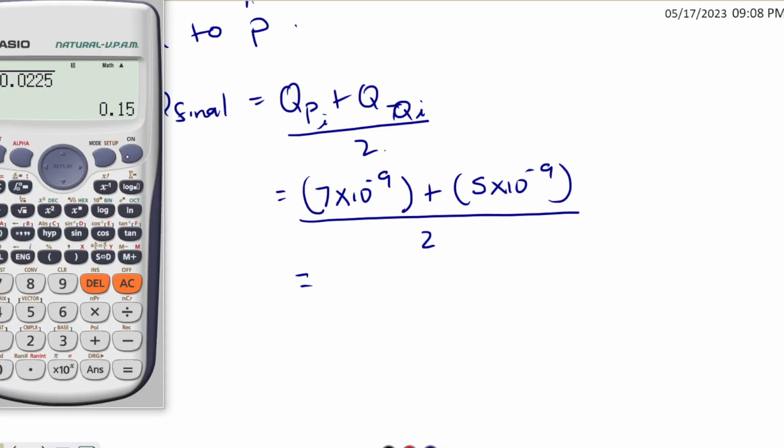So finally we have 7 nanocoulombs plus 5 nanocoulombs.